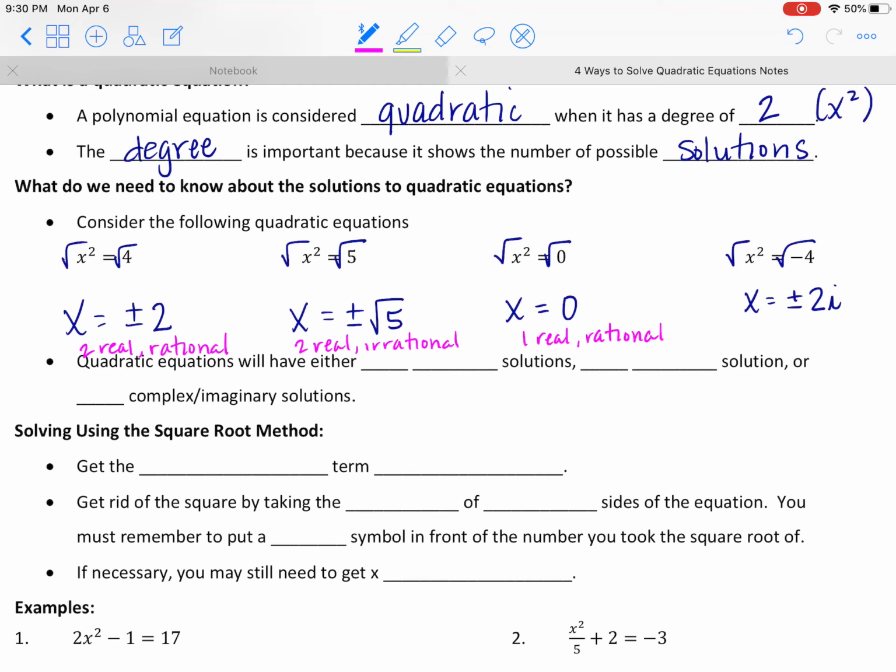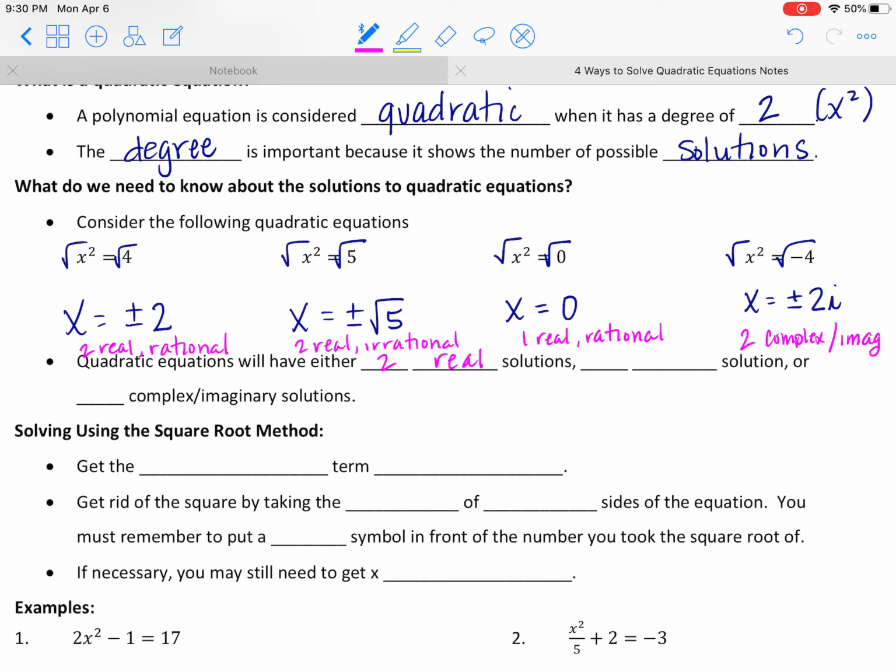Here you get just one solution, and 0 happens to be a real and rational number. One real and rational solution. And then if you end up with a negative under that square root, then you're going to get two imaginary solutions, but they could be complex if we stuck the real in there with it. So we could say two complex or imaginary solutions. Okay, one of those four things is going to occur every time you solve a quadratic.